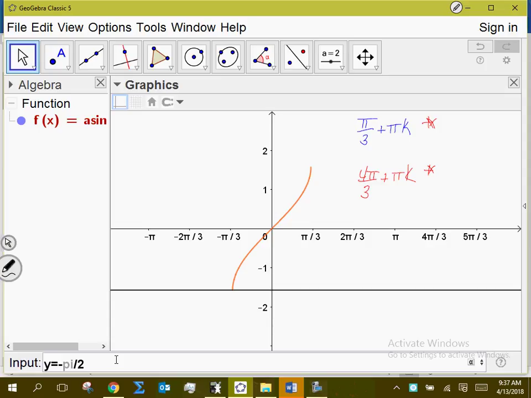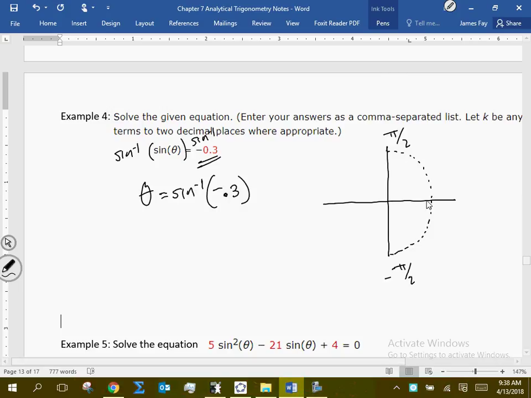So it's only going to give me values like negative 1.57 as a decimal, or positive 1.57. It will not give me something like 2.3 or 3.4, because those values are not in that range. But we have to think about that, because how the sine inverse works is going to impact our solutions in a minute.